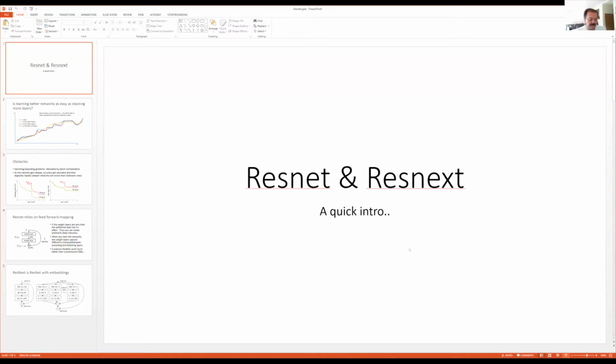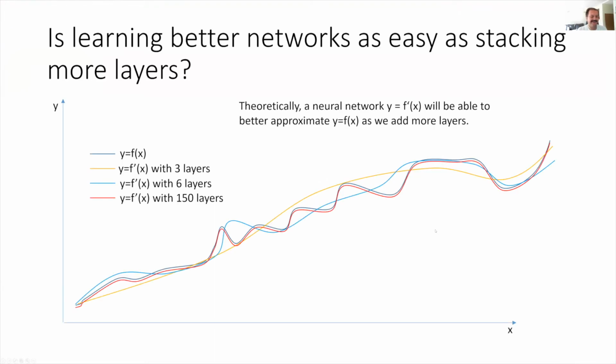This is a 4-slide deck, so don't get too excited. This is the main principle behind ResNets and ResNext. A ResNet stands for a residual network. This is specifically related to, as I understand it, convolutional neural networks.